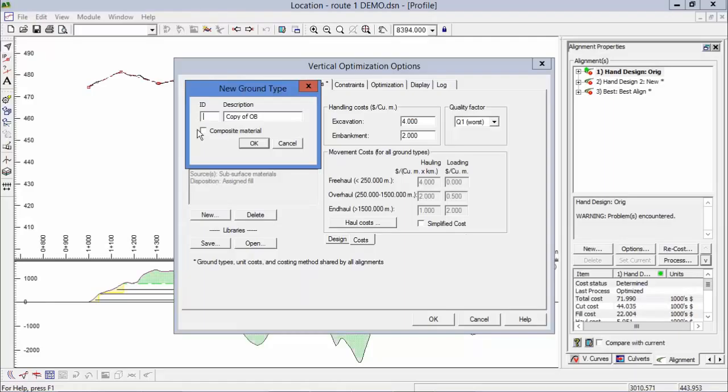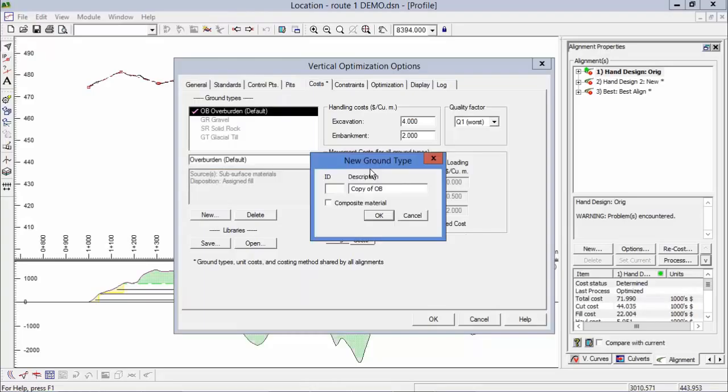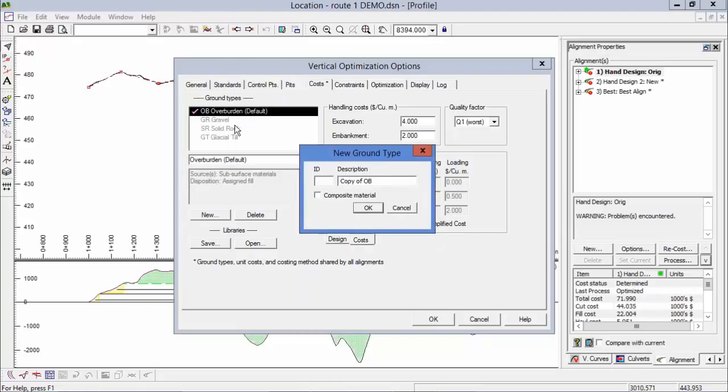A composite material would be composed of, for example, some rock, some overburden, some gravel. I'm going to call it composite material.